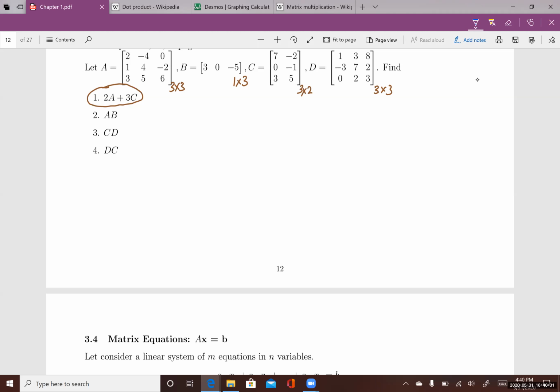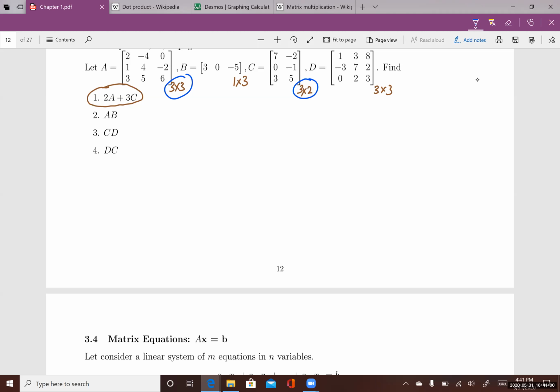And I can find 3C. I can multiply 3 to all the entries of C. But can I add 2A plus 3C together? The answer is I cannot, because they do not share the same size or the same dimensions. If two matrices do not share the same size or dimensions, you cannot add or subtract them. Okay.